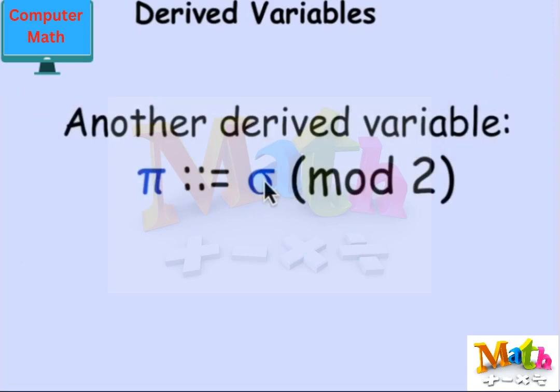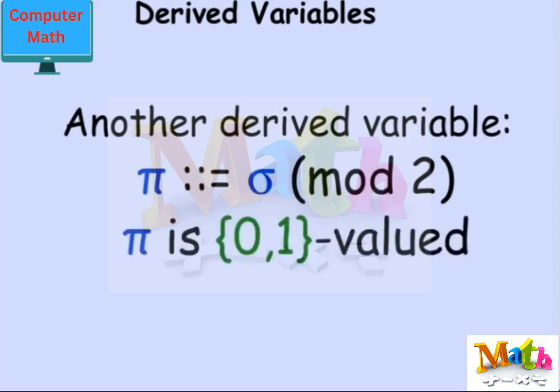Another useful derived variable for that robot example was the parity of sigma, whether or not the number was even or odd. So the parity is a 0, 1 valued variable, which takes the value 0 if the sum is even and 1 if the sum is odd.